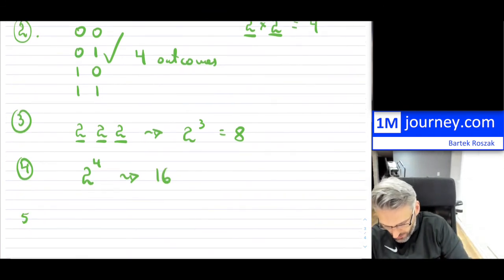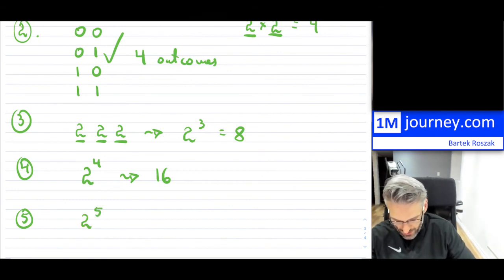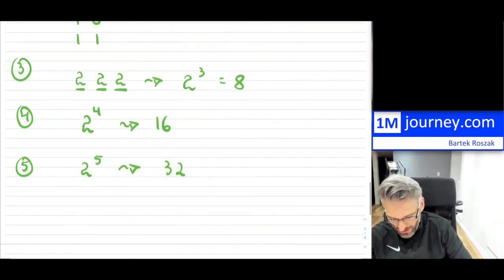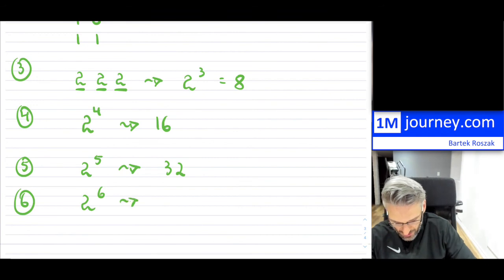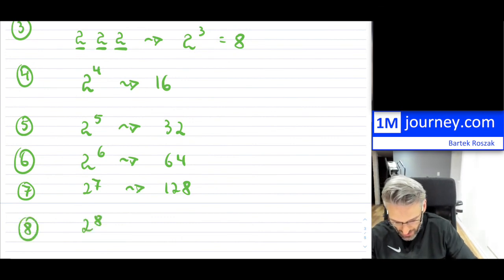Now 2 to the 5 is going to be 32 possibilities. And notice that they're going to start growing on us. 2 to the 6 is 64 possibilities. 2 to the 7 is 128. And then with 8, which is 2 to the 8, it's going to be 256.